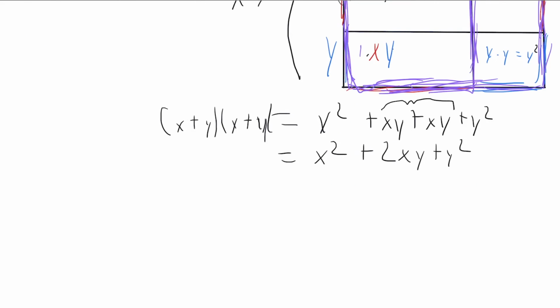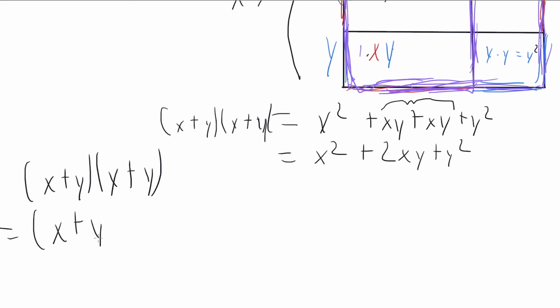Now to verify our solution, you can notice that x plus y times x plus y is actually a special case of factoring quadratics. This right here is a perfect square trinomial.